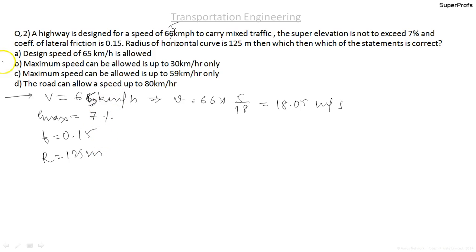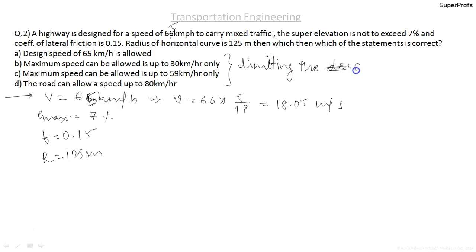So the options are: design speed of 65 kmph is allowed, maximum speed can be allowed up to 30 kmph only, maximum speed allowed can be 59, and so on. See, each of the options speaks about limiting the design speed.